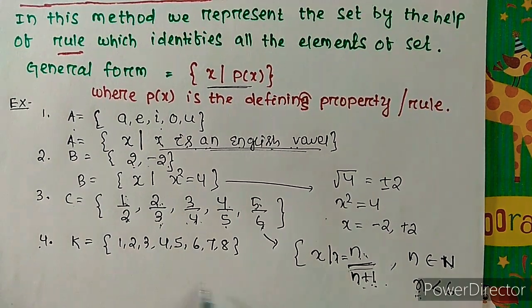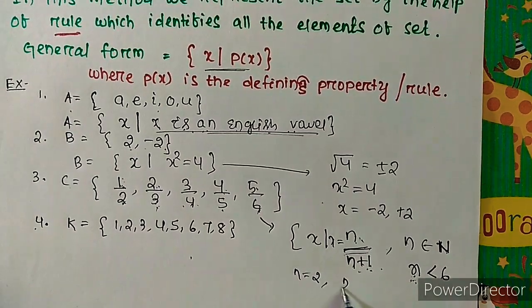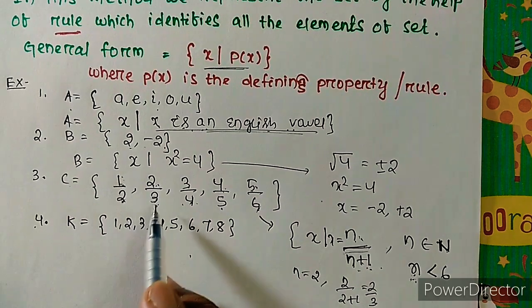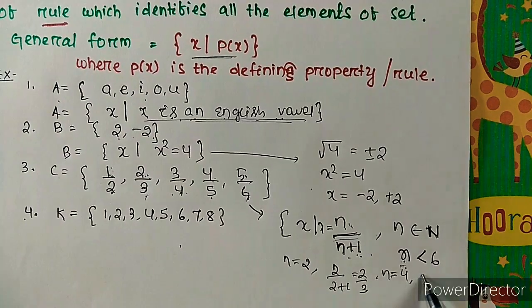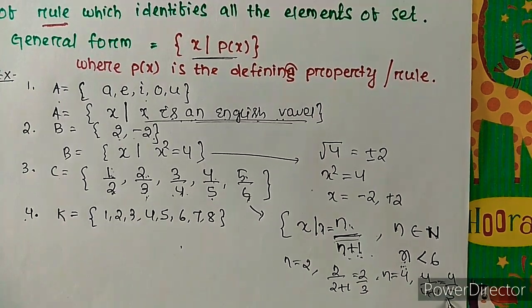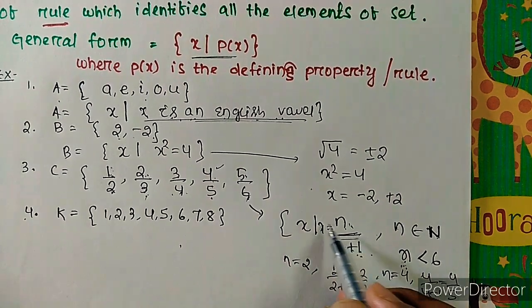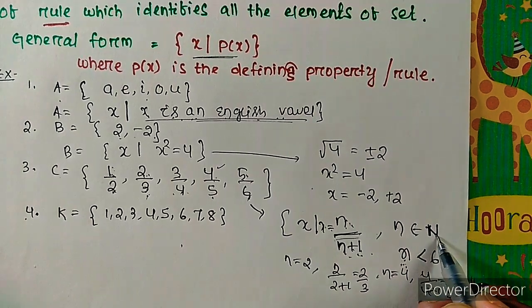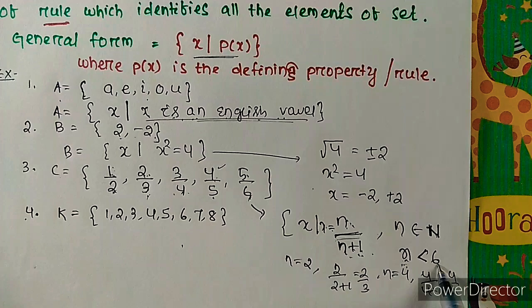If we take n equal to 2, then it will be 2 by 2 plus 1, that is 2 by 3. If we take n equal to 4, then it will be 4 by 4 plus 1, that is 4 by 5. So in this way we have made the rule: X is equal to n by n plus 1, n belongs to capital N, and here n less than 6.